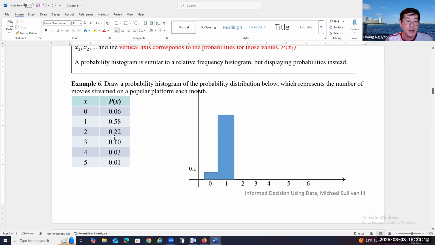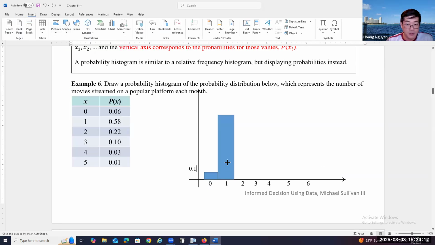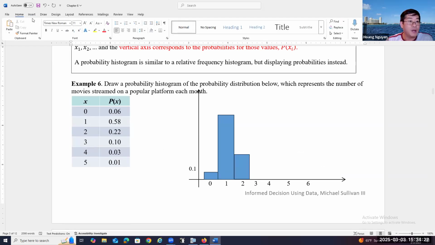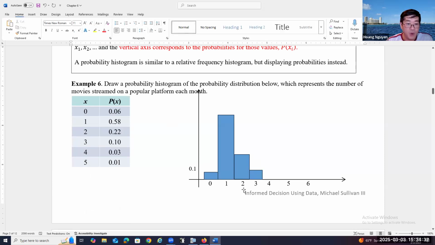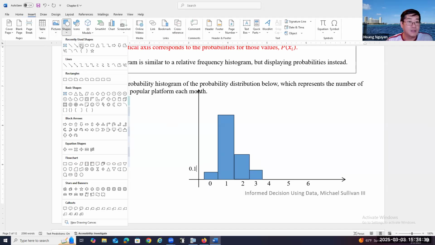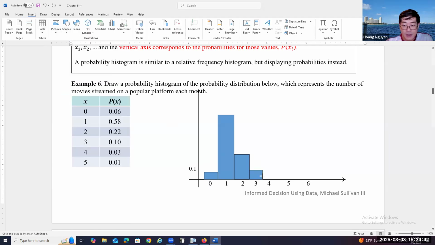Now, when x equals 2, we get 0.22. So this is 0.10, 0.20, 0.22, a little bit higher, so it's going to be something like this. Now, when x equals 3, we get exactly 0.10. When x equals 4, we have 0.03, so that's going to be about half.